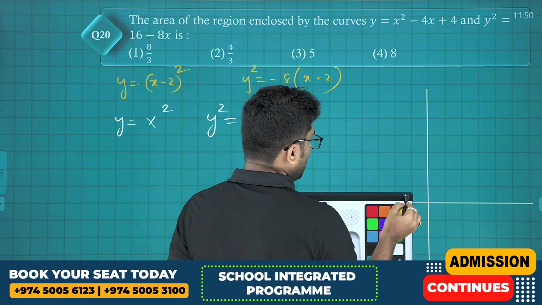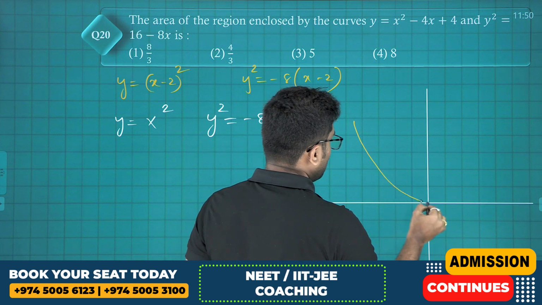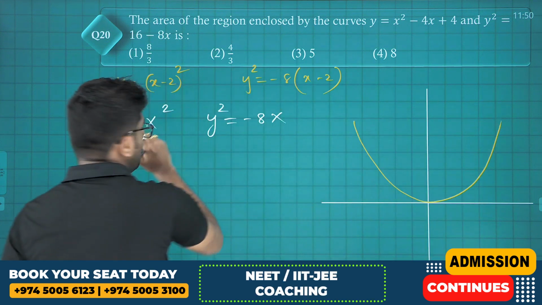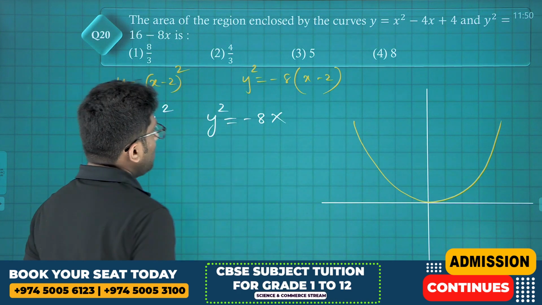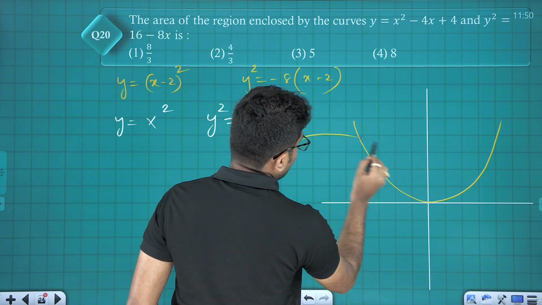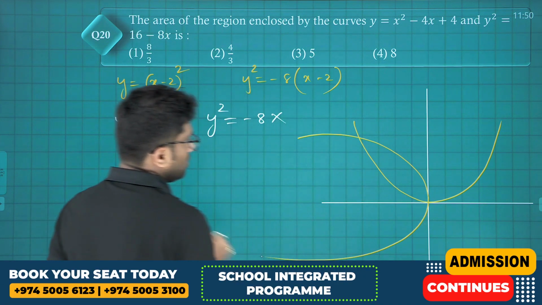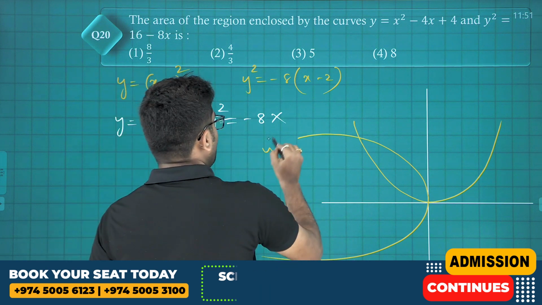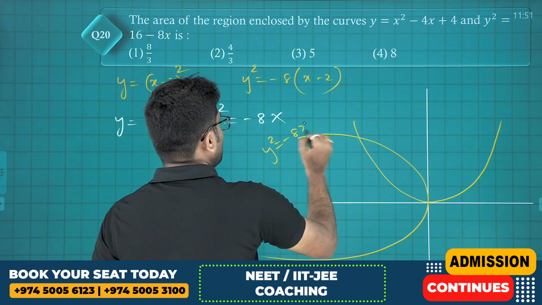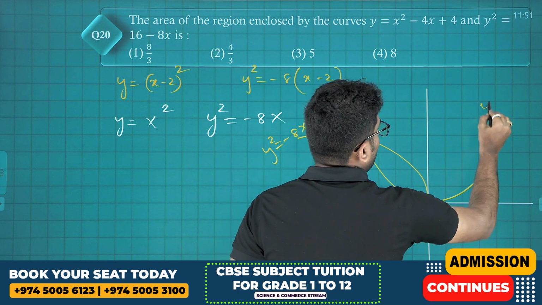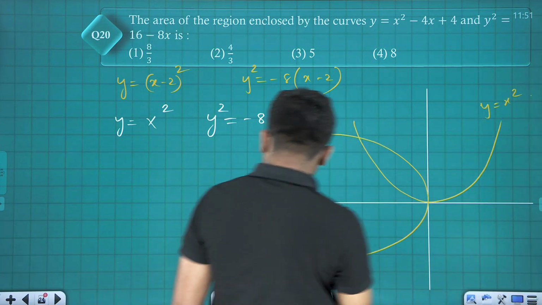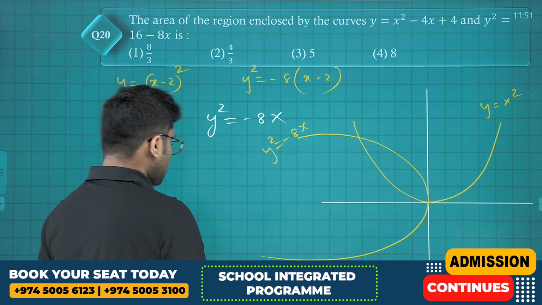One is the parabola. This is y is equals to x square, an upward parabola, and y square is equals to minus 8x will be this. Now what they are asking, the area of the region bounded between these two.